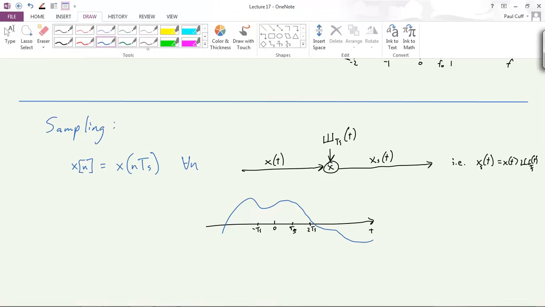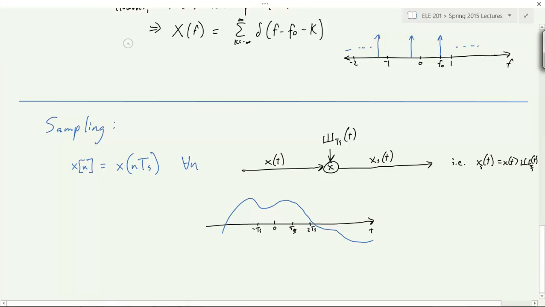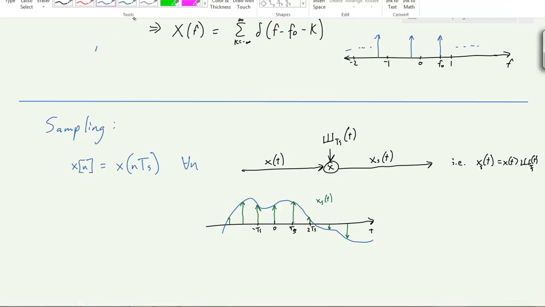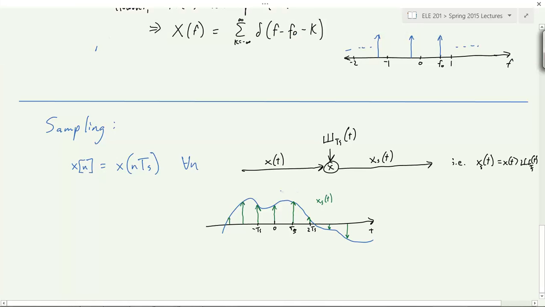And when we do this multiplication, we get delta functions that get scaled by the value of the function. And you see that scaling becomes the samples of our signal. This green is the output, that's xs of t. The blue was x of t. Okay.